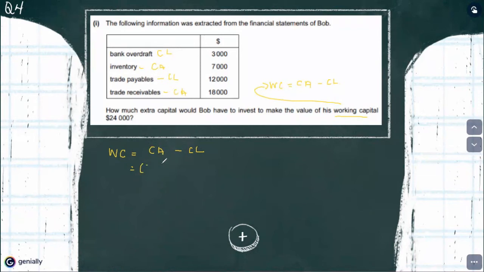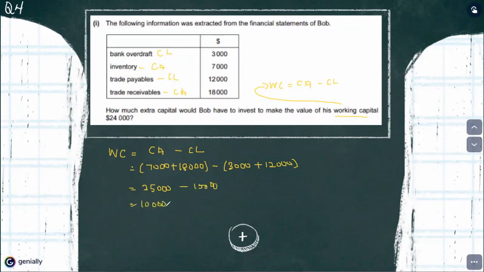Inventory 7,000 plus trade receivable 18,000, minus current liabilities, which will be bank overdraft 3,000 plus trade payable of 12,000, right? So this will be 25,000 minus 15,000. So that gives your working capital 10,000.